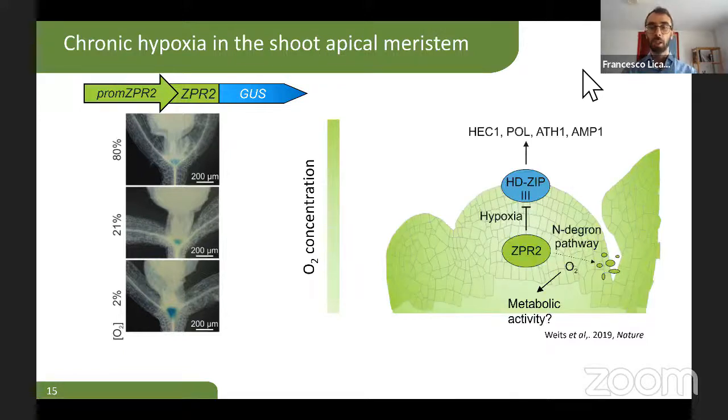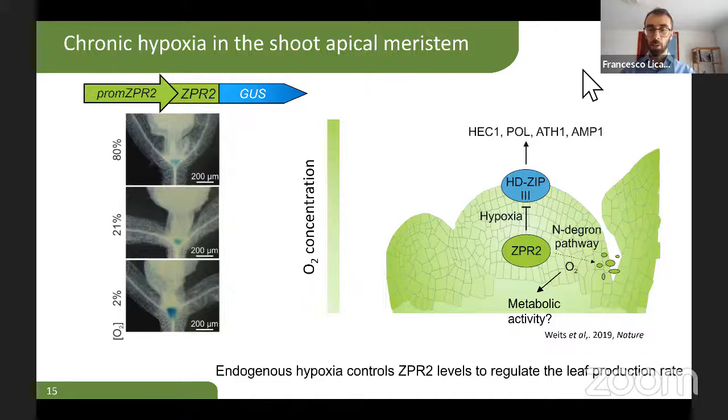And we believe that ZPR2 is there controlled by the endogenous hypoxia being established to control the activity of HD-ZIP III transcription factors that contribute to regulate the rate of new leaf production.